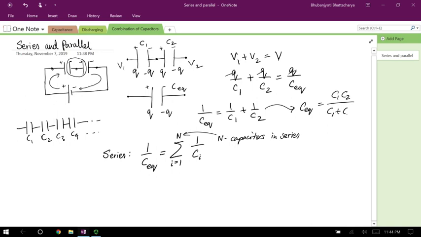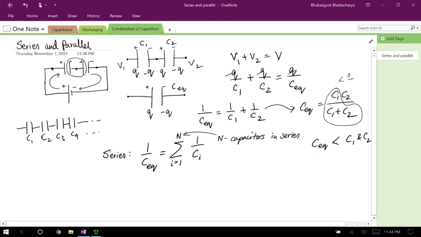plus C2. And if you notice, this factor, C1 C2 over C1 plus C2, is actually less than, so C equivalent in this case is actually less than C1 and C2 individually, right? Because if I think about C2 as the factor that I'm looking at, then C1 times C1 plus C2, this factor is less than 1. So C equivalent must be less than C2.